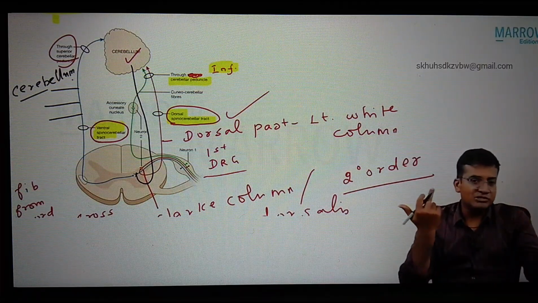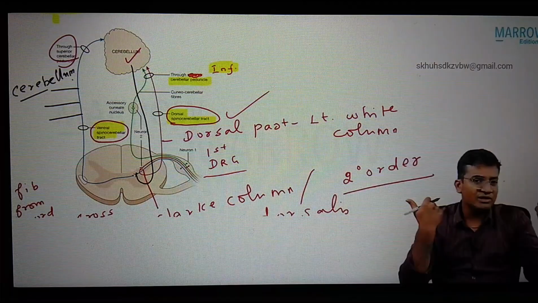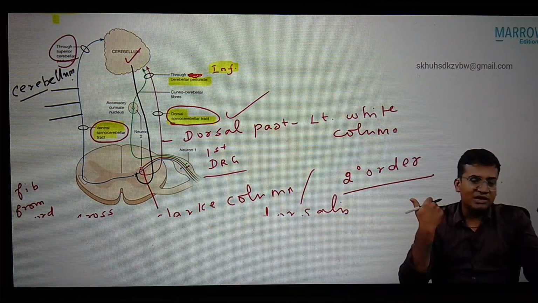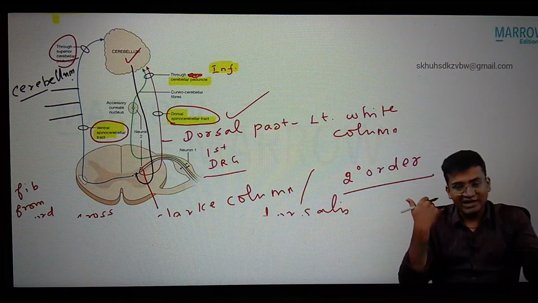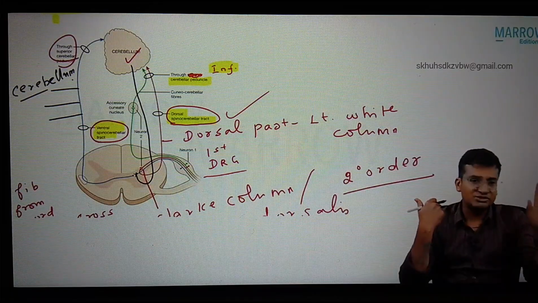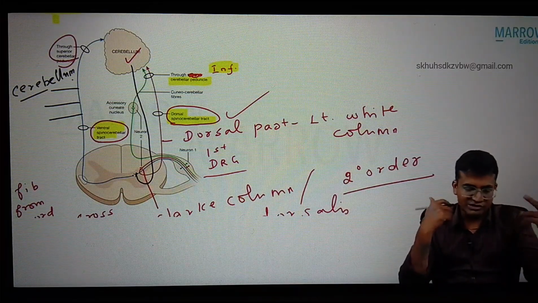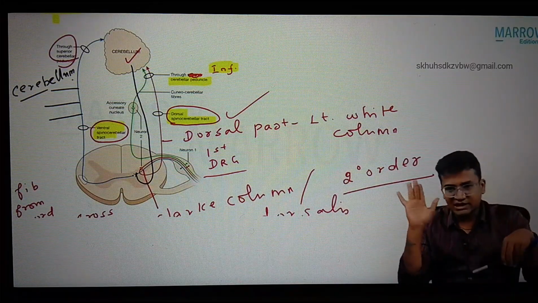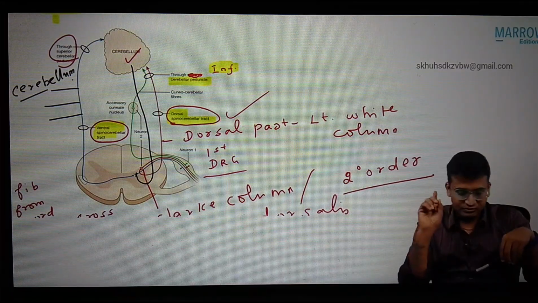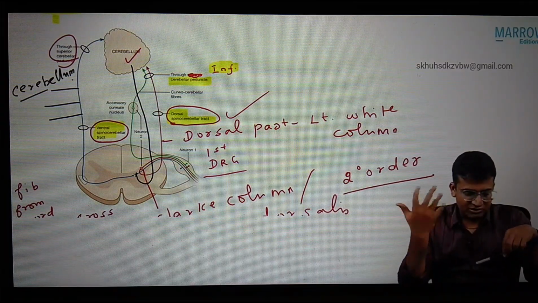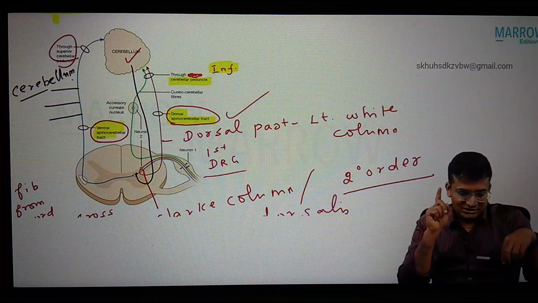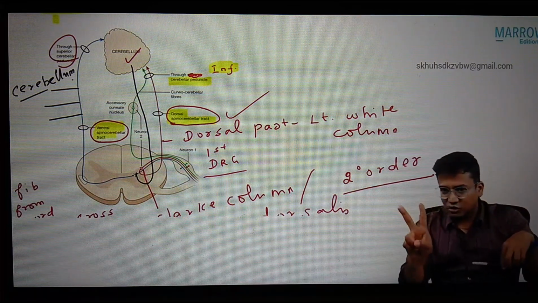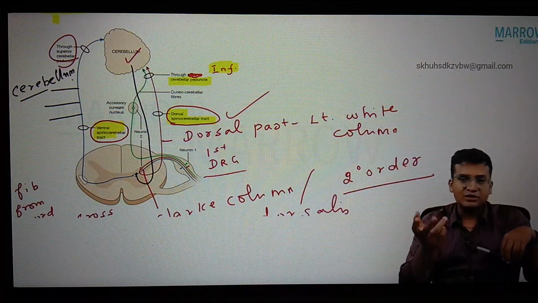Now we know the function of the spinocerebellar tract. What is it? It carries unconscious proprioception fibers. Is that clear? Any doubt? See, the complex part is that the ventral spinocerebellar tract crosses two times. Why?